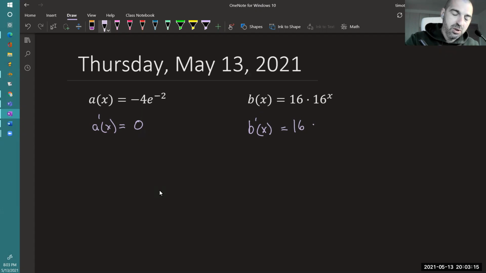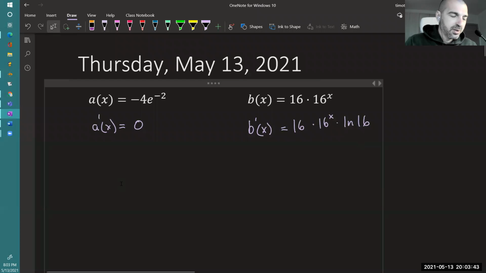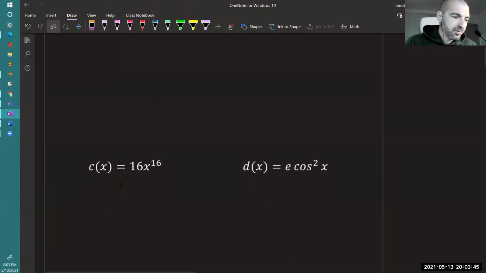I said power rule, I meant exponent rule. This is 16 to the x. The exponent rule works like that, but then it's the natural log of the base. So there we have it, 16 times 16 to the x, times the natural log of 16. All right, there's that one.